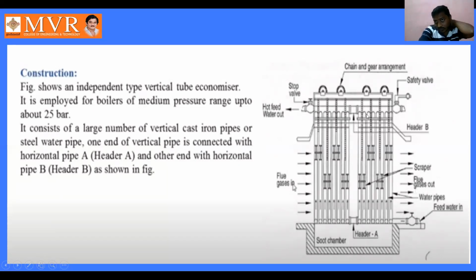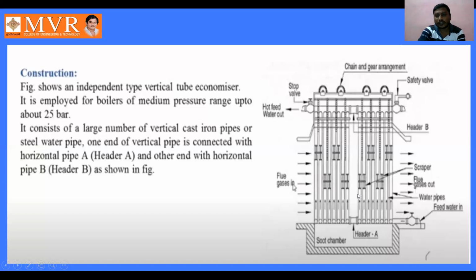One end of the vertical tube is connected to the header A, and the other end is connected to the header B. The feed water which enters the tube will flow due to the density difference. This water flows upward in the direction of these tubes. When the water is moving in the upward direction, the flue gases flow in the horizontal direction, in the forward direction.